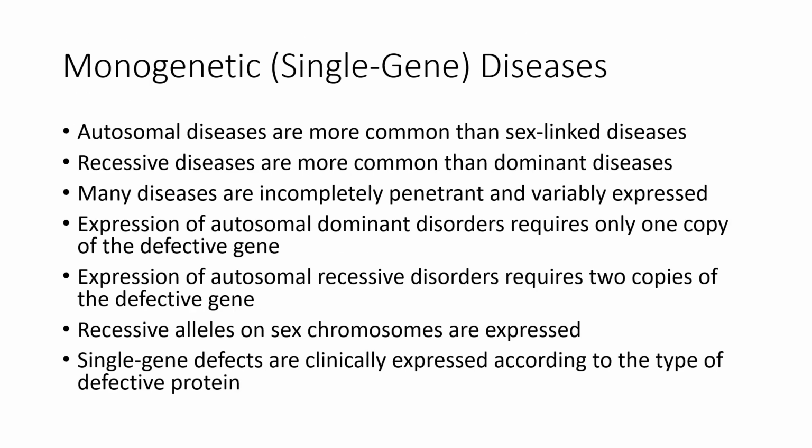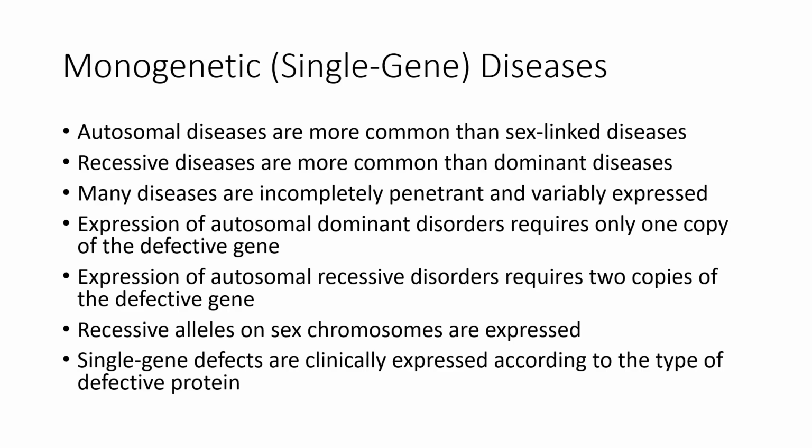A few big picture trends to anchor us before we dive into specifics. First, autosomal diseases are more common than sex-linked ones. Why? Because autosomes make up the bulk of our chromosomes, so statistically, they're more likely to cause trouble. Second, recessive disorders are more common than dominant ones. That's because recessive mutations can quietly hang out in carriers without causing disease.